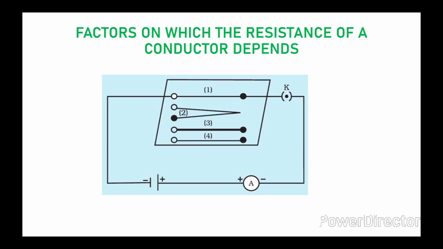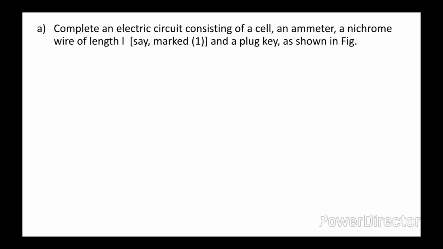Now we shall see what all we require to build this circuit. So first you require a cell, ammeter, nichrome wire and a plug key. So this is a simple circuit. Only 4 components are required.